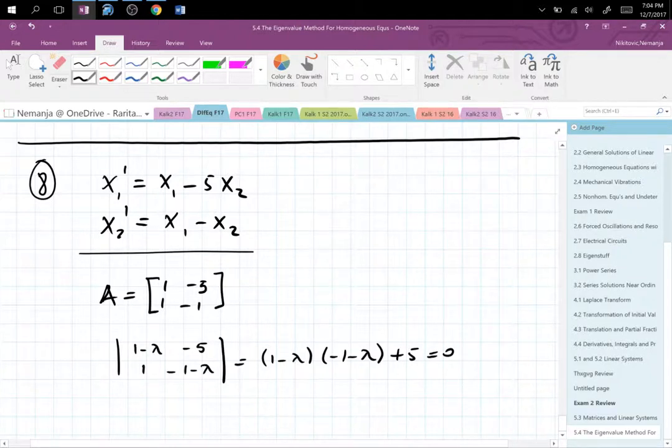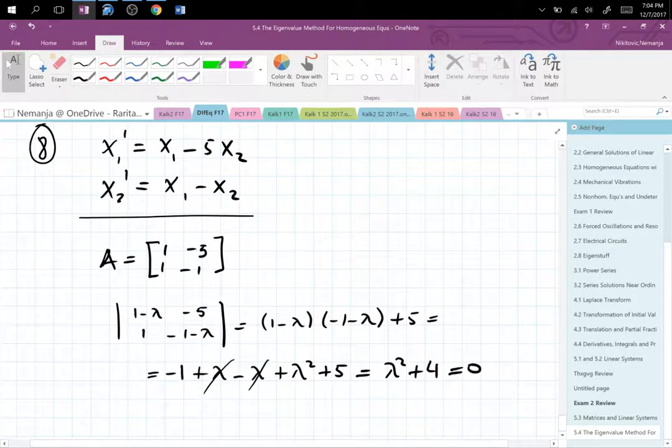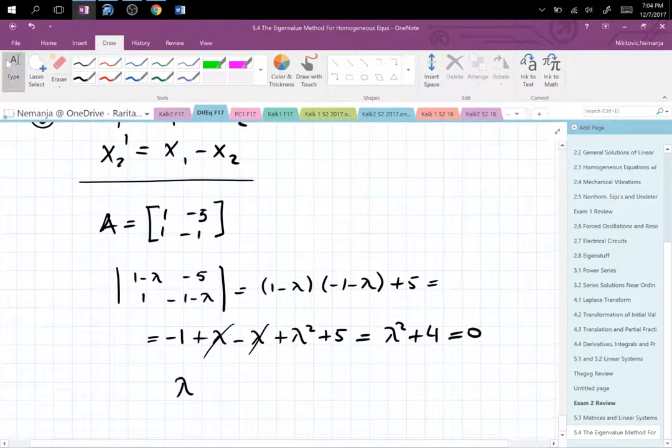So this is negative 1 plus lambda minus lambda plus lambda squared plus 5 equals 0. So lambda squared, these die, plus 4 equals 0, and what we get is lambda equals plus or minus 2i.